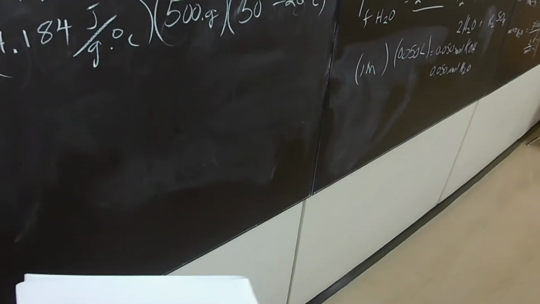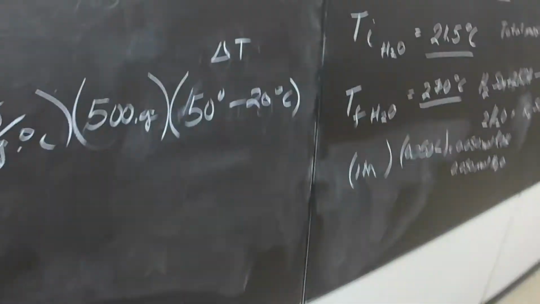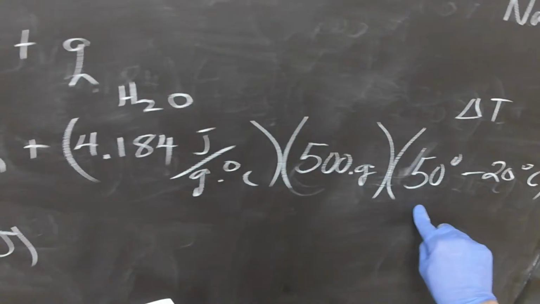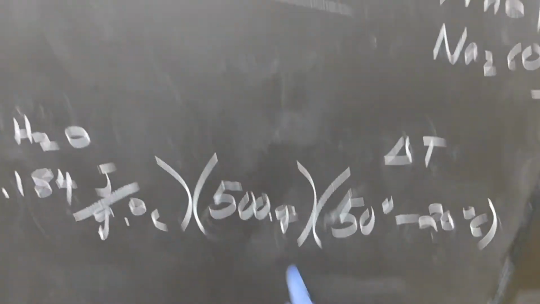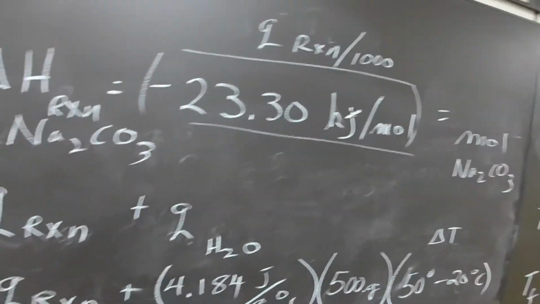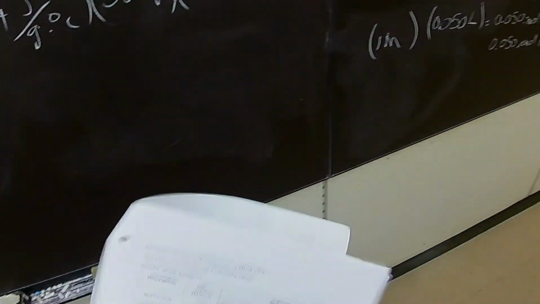And we do the same thing for the other problem, which is for sodium bicarbonate. We want to make a cold pack that goes from 20 degrees down to 1 degree. The mass of water is the same, 500 grams, and you get a Q for that one. In that case, you use a different value for the heat of reaction from the table.